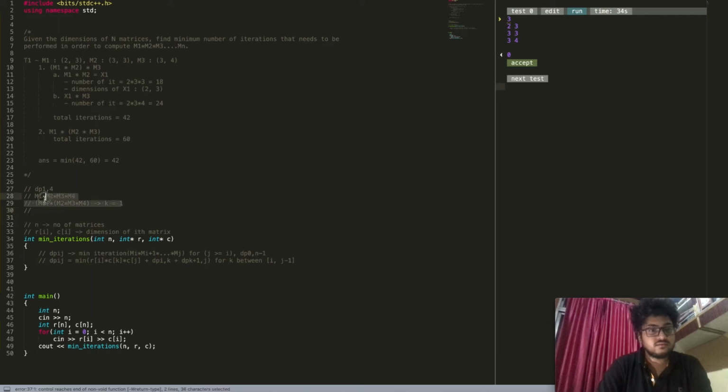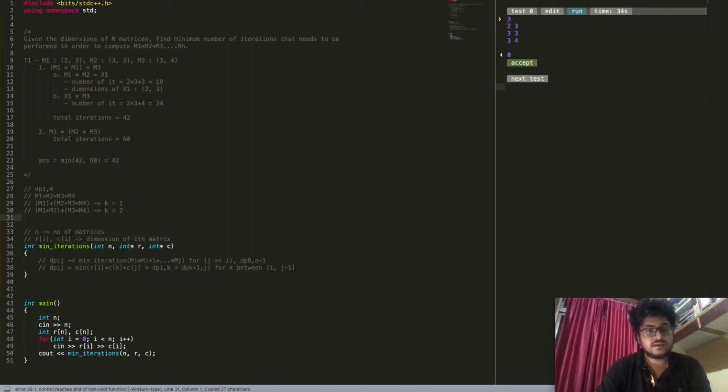In the same way, the second way to add the bracket for k equals 2 will be something like this. The last way to add exactly two pairs of brackets will correspond to this, and this will correspond to k equals 3.